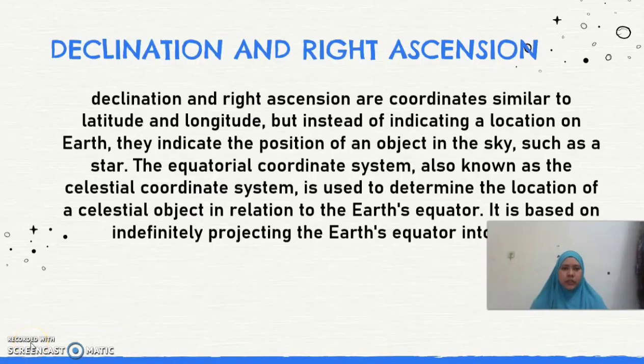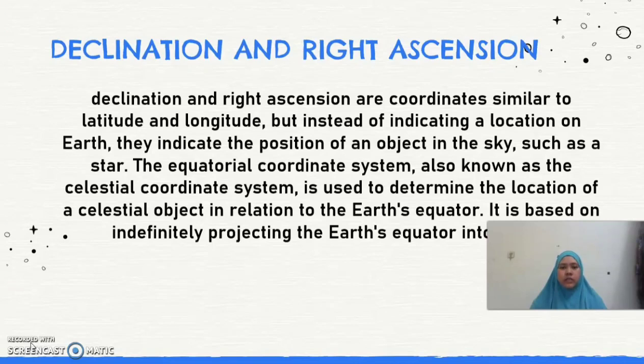We know the equatorial coordinate system used to locate an object in the sky uses declination and right ascension. Declination and right ascension are coordinates similar to latitude and longitude, but instead indicating the equator of the Earth. They indicate the position of an object in the sky, such as a star.